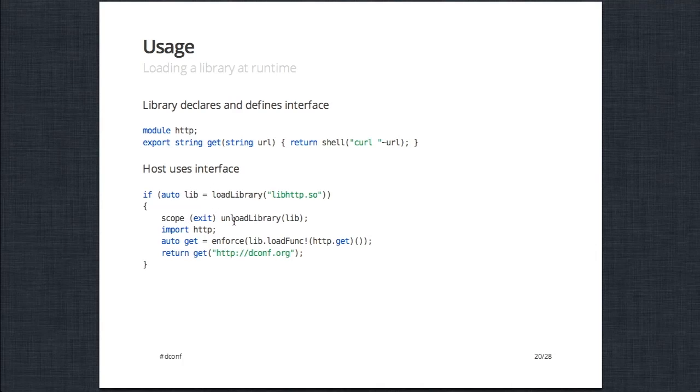And there's a scope exit to unload the library later. And it imports the header file to get a function and call it. That's about it. Initialization is happening in the load library, and finalization is happening in the unload library. So simple as that.